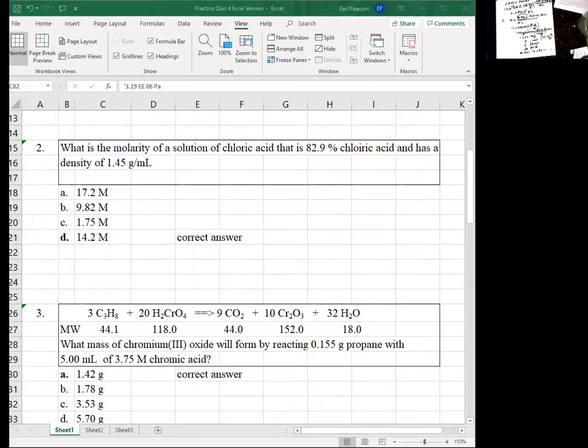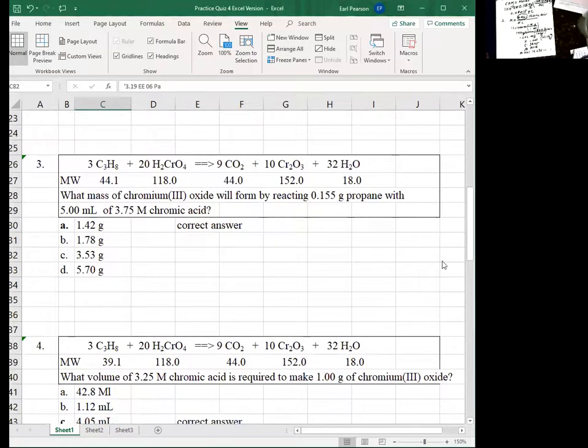So let's look then at the next problem we need, number 3. And number 3 is a reaction. It's got 3 C3H8, that's propane by the way, and 20 H2CrO4, that would be chromic acid. It's going to make 9 carbon monoxides, 10 chromium 3 oxides, Cr2O3, and 32 waters.